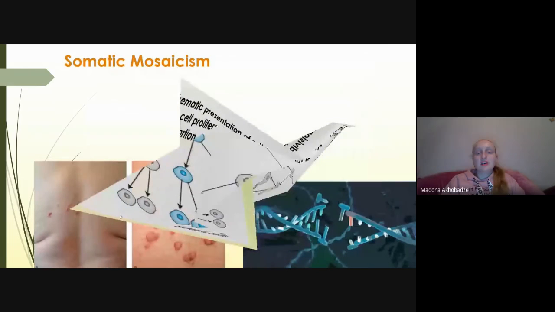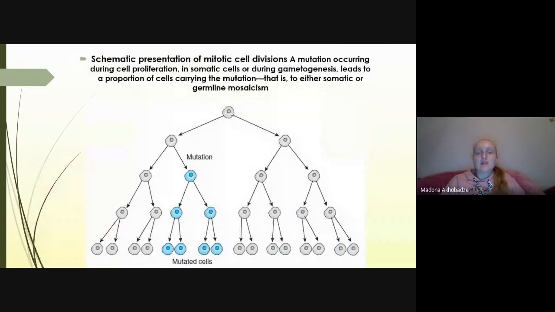So this is the stem cell, and these are cell division and differentiation. A mutation occurs in one of the cells, and it's transmitted through this one cell to the rest of the cells coming from the same cell, while the rest of the cells go on developing and replicating normally.